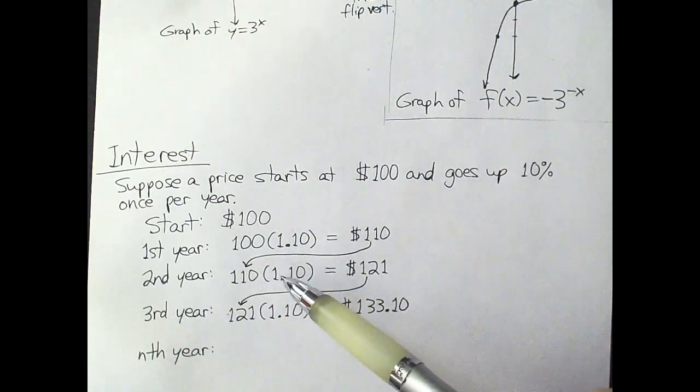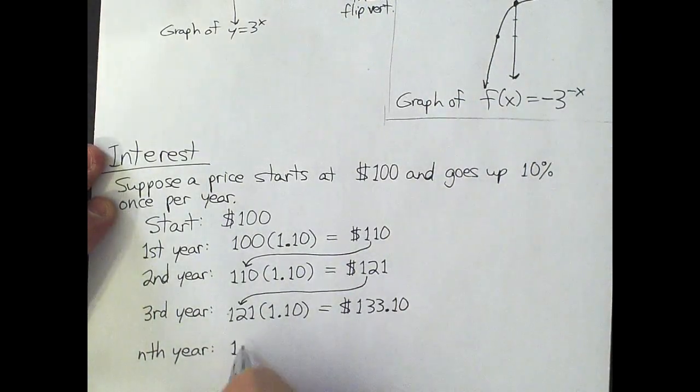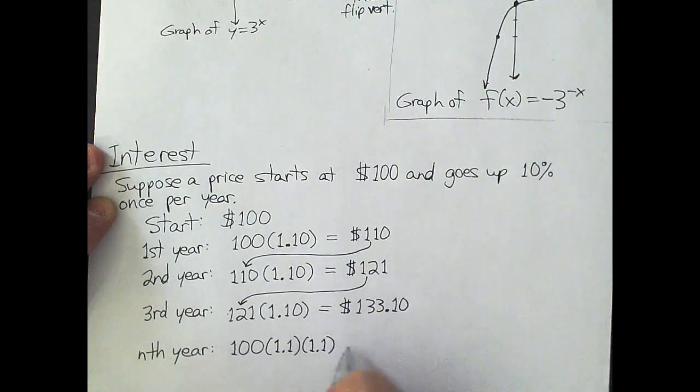Then we multiplied by 1.10. Then we multiplied by 1.10. It seems like each year we just multiply by 1.1, right? So we could say start with 100 and multiply by 1.1 and multiply by 1.1 again, and just keep multiplying by 1.1 until you've done that a total of n times.